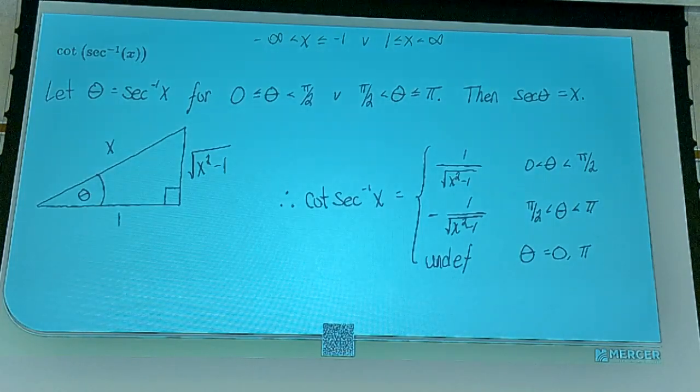And it's undefined at 0 and pi. So that's the reason. Yeah, GPT is definitely wrong on this one.